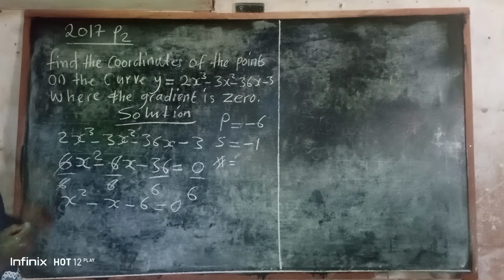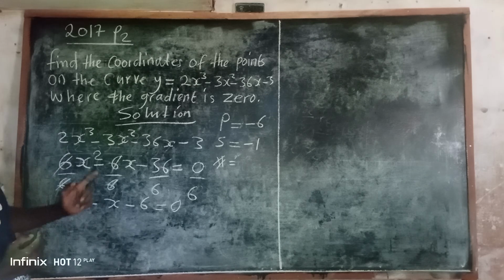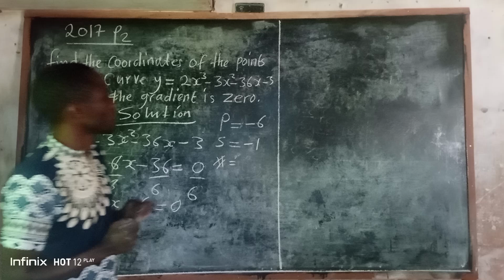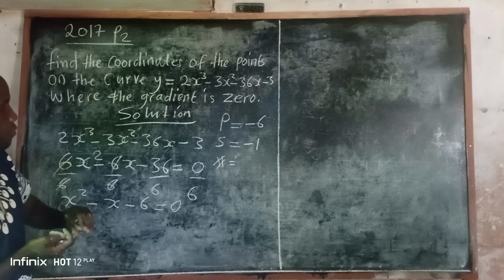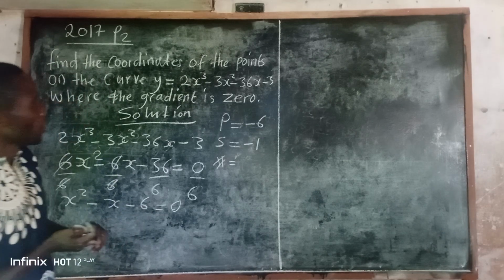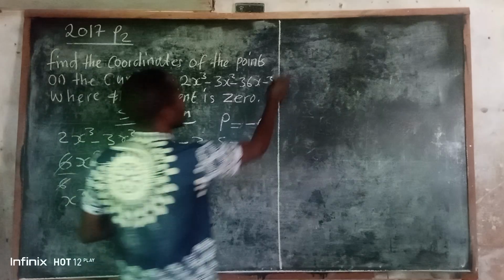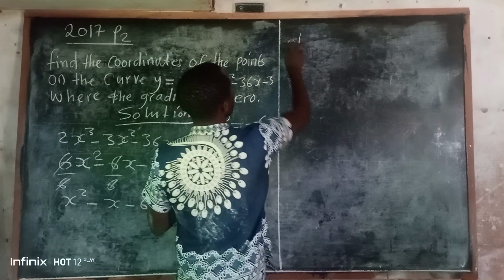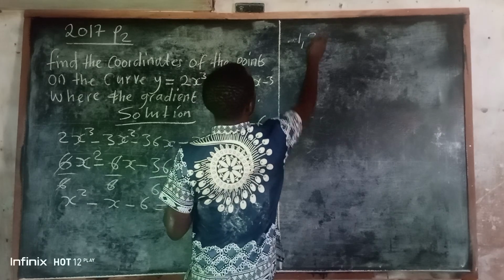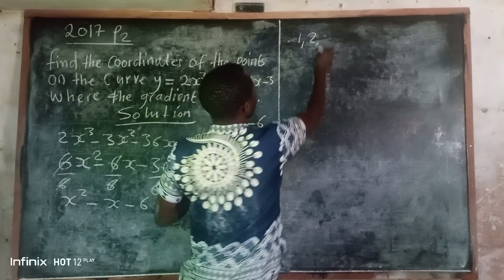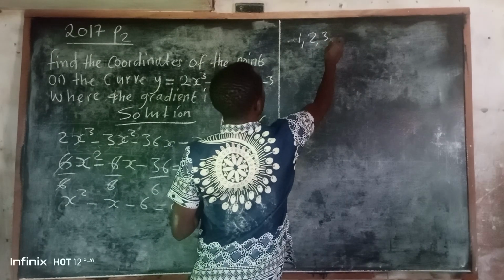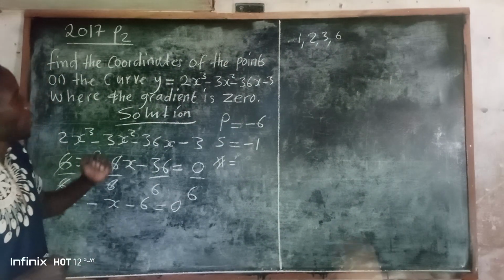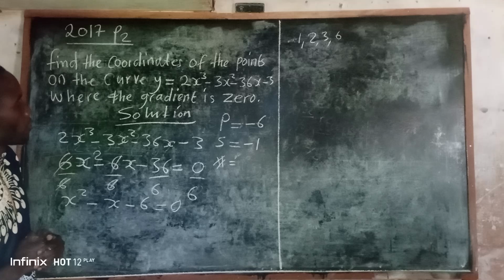That is where I indicated earlier that we should identify the factors of 6. Let me write them separately here. We have 1, 2, 3, and 6. These are some of the factors of 6.